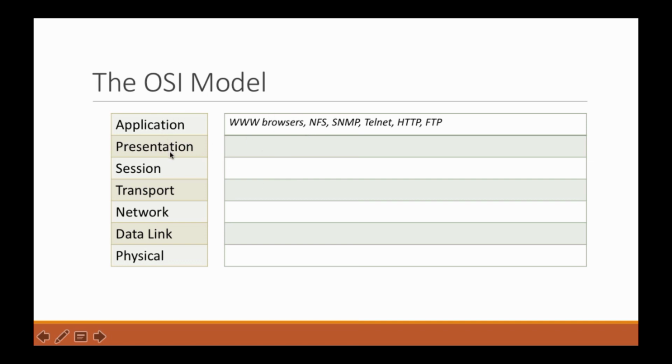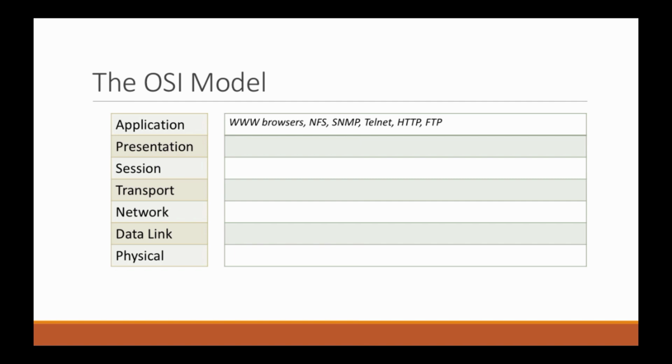Then you have the presentation layer. This layer provides independence from differences in data representation, such as encryption, by translating from application to network format and vice versa. The presentation layer works to transform data into the form that the application layer can accept.